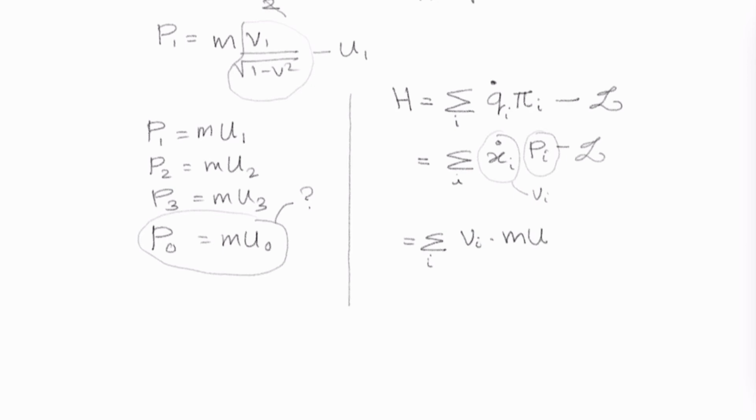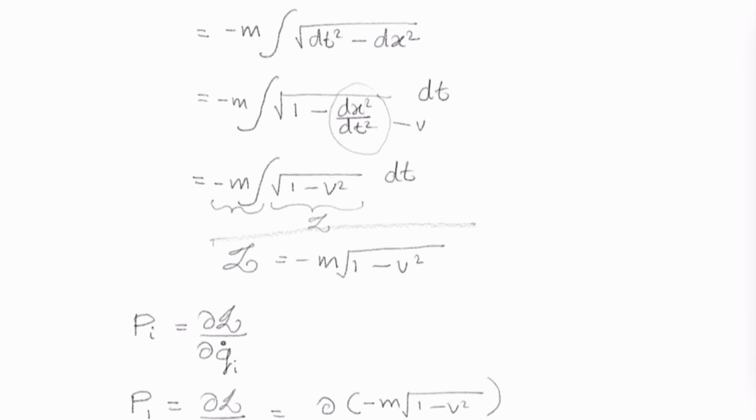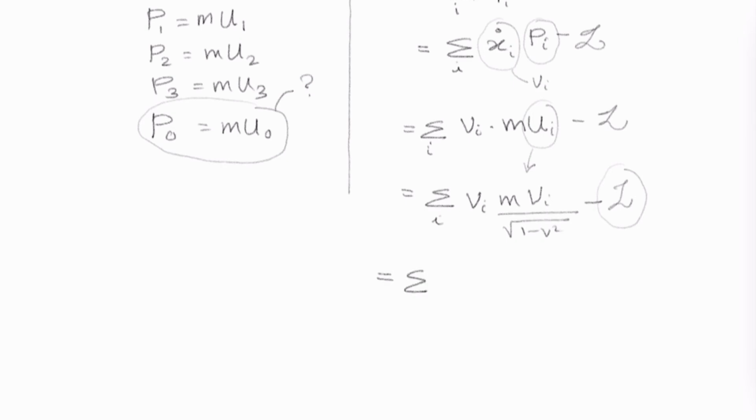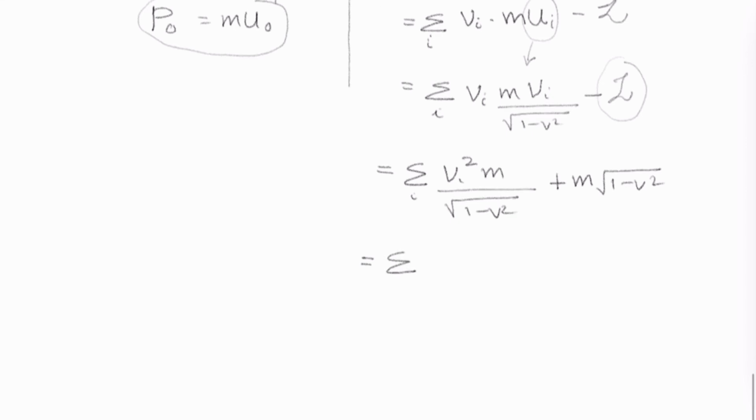So we'll put it here. So m v_i over square root of 1 minus v squared, minus the Lagrangian. The Lagrangian is minus m times square root of 1 minus v squared. So this is equal to summed over i m v_i squared over square root of 1 minus v squared, because this is minus minus, plus m times square root of 1 minus v squared.